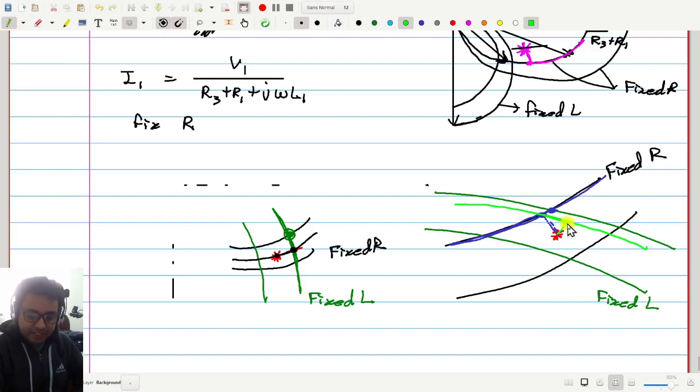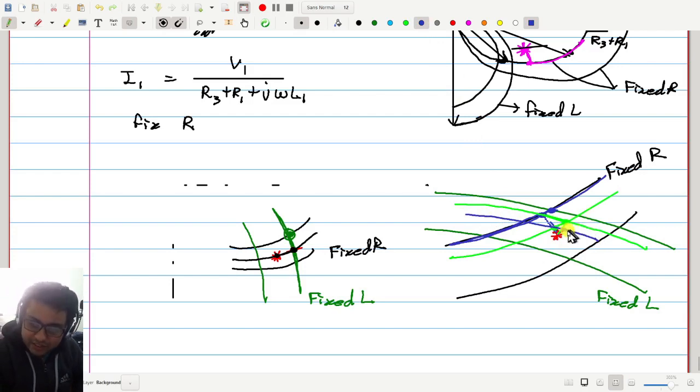I reached something else. After this, I will keep the resistance fixed and move along a line like this, and maybe at this point I will get minimum deflection. Again, I have to keep inductance fixed and vary resistance, so I move along a line like this, and maybe I will come here.